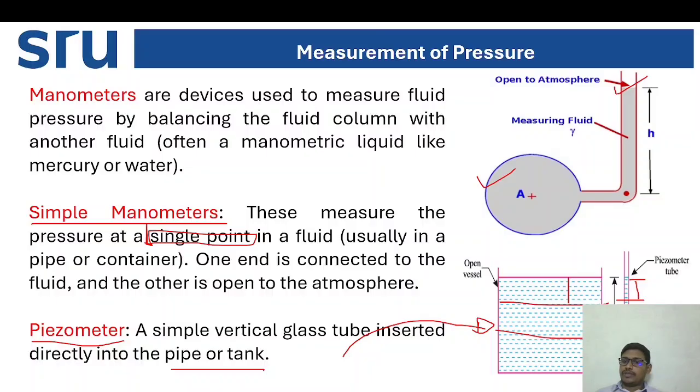If it goes up to here, again it will also go up to here. So it is very simple to sense the level of water. A piezometer measures the pressure at a single point in a fluid. One end is connected to the fluid and the other is open to the atmosphere.